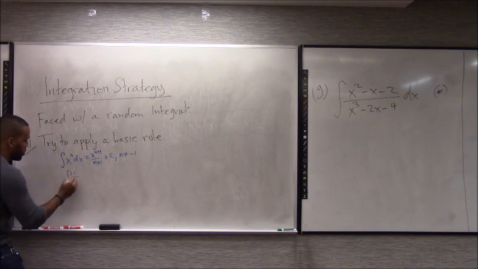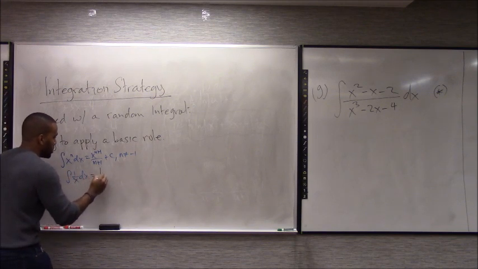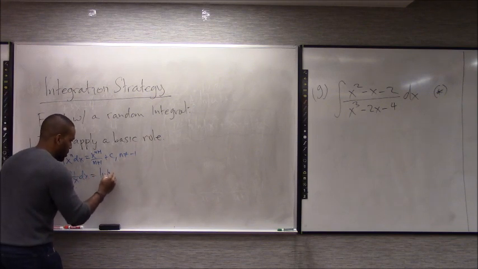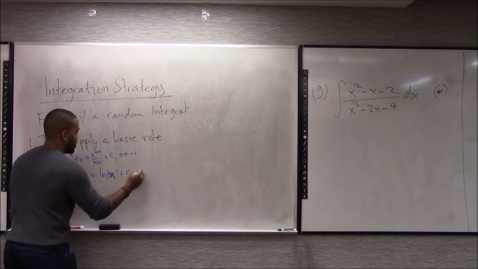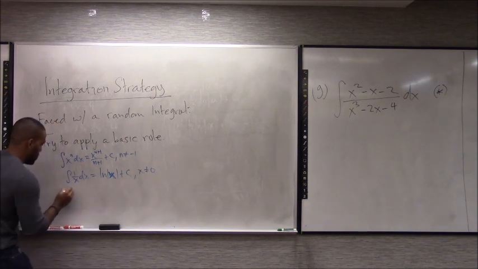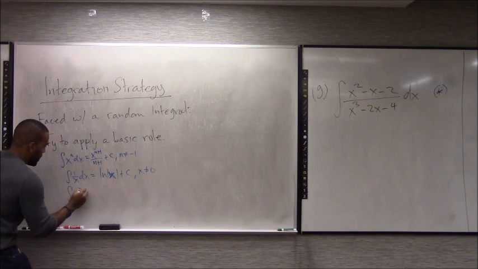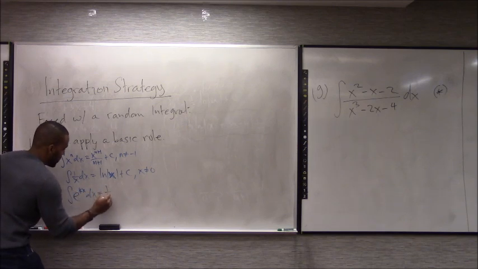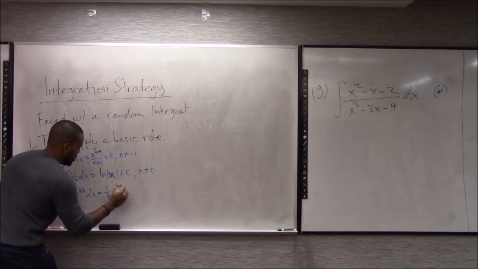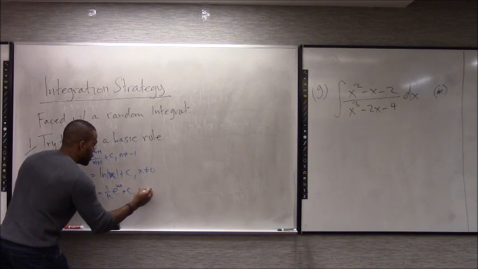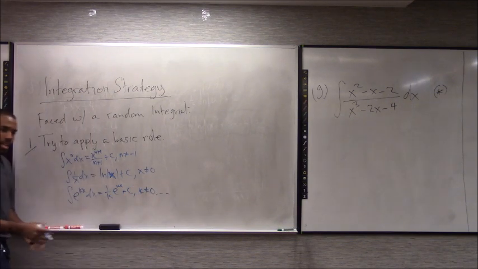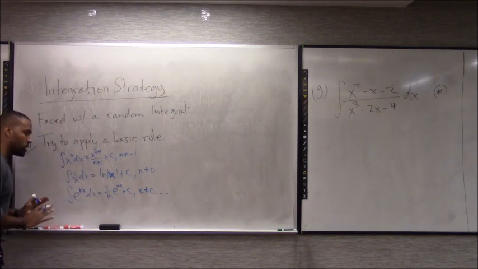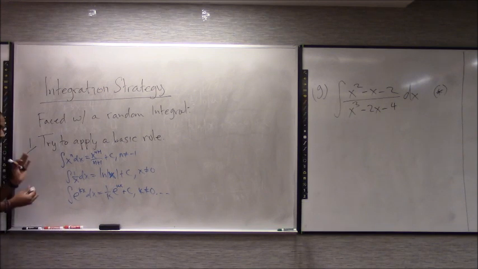Things like, the integral of 1 over x is ln of absolute value x. The antiderivative of e to the kx dx is 1 over k e to the kx. The rules that tell you how to integrate the basic elementary functions, right? That's the first thing you're going to want to think about.